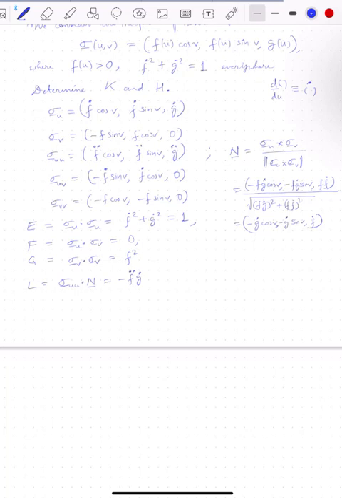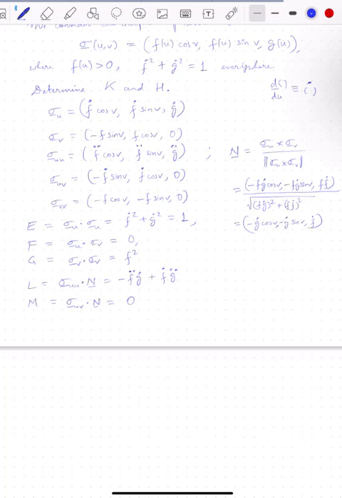So we have f double dot g dot, and then we have plus f dot g double dot, right? And then m is equal to sigma uv dot n, and this comes out to be minus f dot into minus g dot is plus f dot g dot and cosine sine. Then we have minus, so this is identically 0.